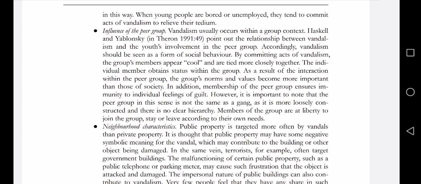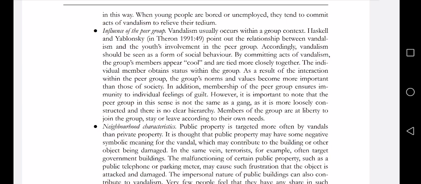The individual member obtains status within the group as a result of the interaction within the peer group. The group's norms and values become more important than those of society. In addition, membership of the peer group ensures immunity to individuals' feelings of guilt.